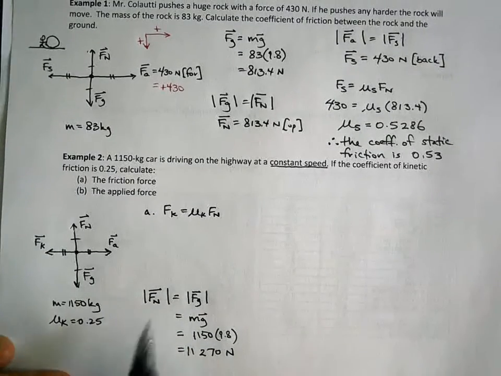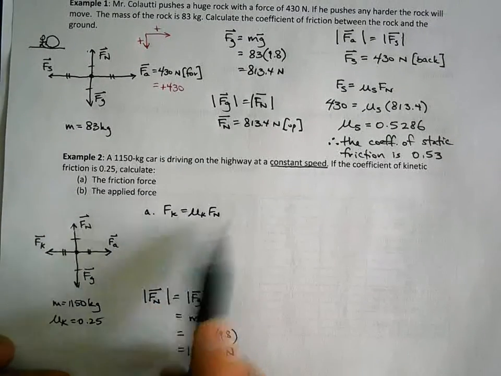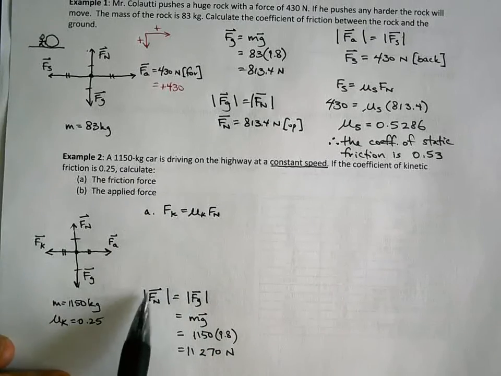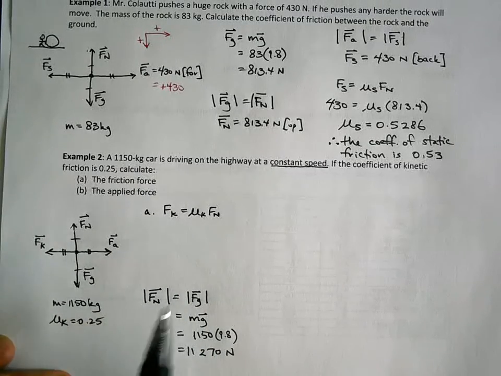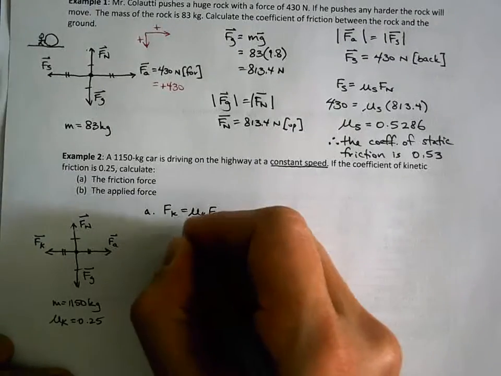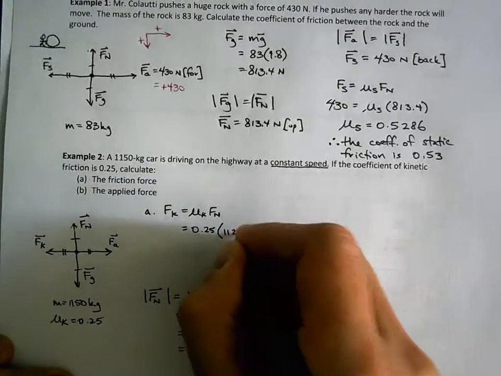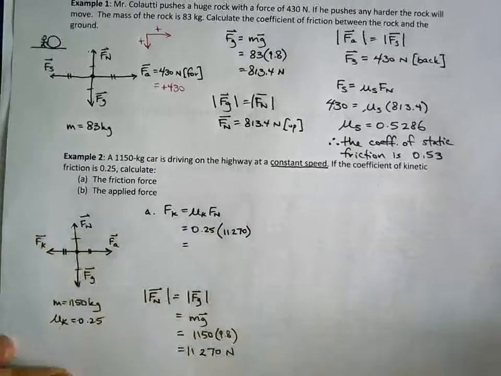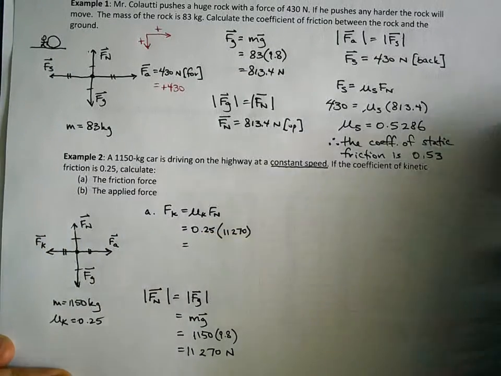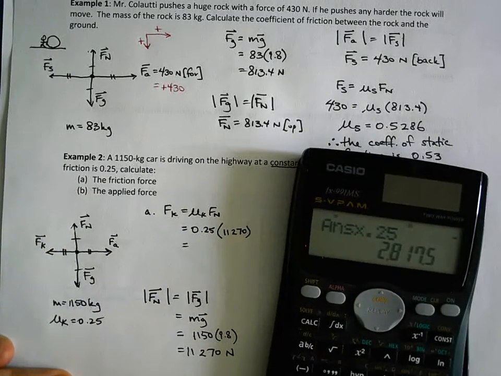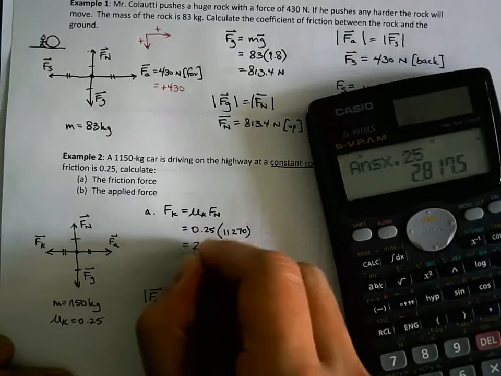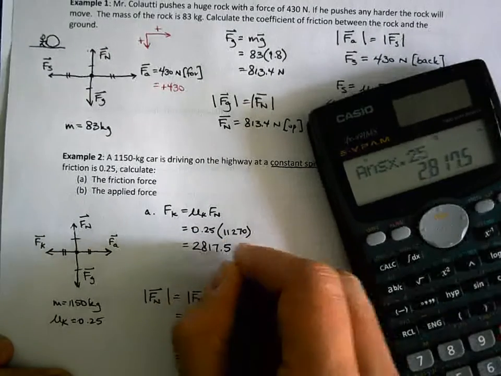And again, this is the magnitude I'm interested in. Remember, this formula doesn't have arrowheads, or you could put the absolute value bars to show that you're just looking at the magnitude. Okay, so now I have enough information. I have 0.25 times 11,270, and that gives me 2817 newtons.